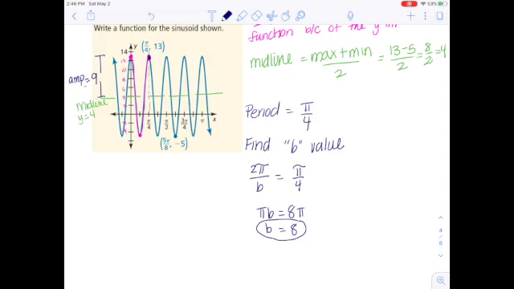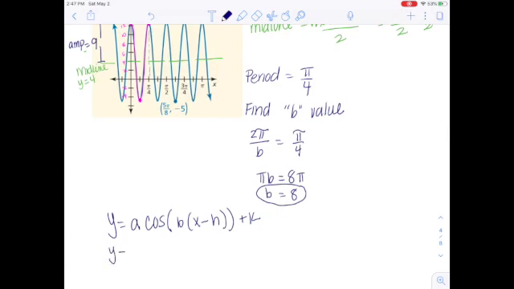There's no phase shift because it's our graph, our cosine, one period started on the high. So we've got y is equal to a times cosine of b times x minus h, no phase shift, so that'll zero out, and plus k.